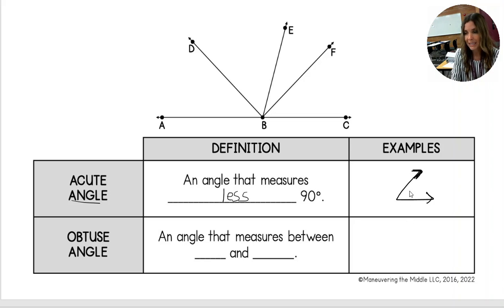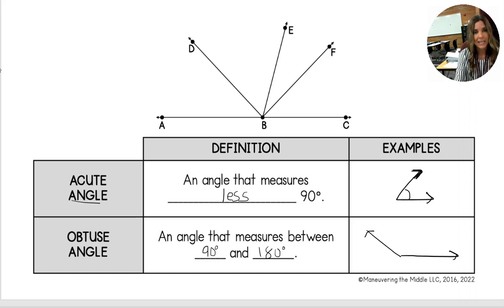So acute means that this angle is less than 90. And then let's draw a picture of an obtuse angle. So an obtuse angle is an angle that measures bigger than 90, but less than 180, okay? So in your examples, let's just draw an angle that is obtuse.